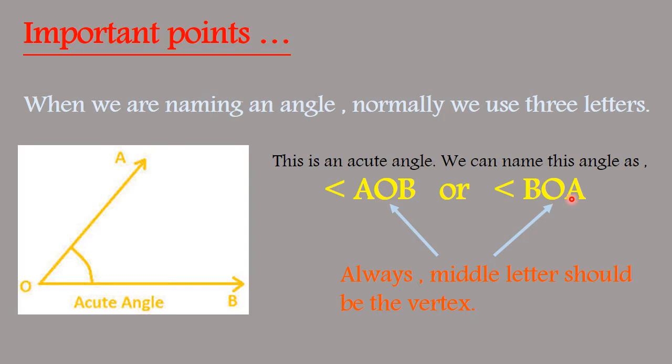Both are correct. But look at these 2 ways. In the first one, AOB, O is in the middle. And in the second one also, BOA, O is in the middle. That means O is the vertex. When we are naming angles, the middle letter should always be the vertex. This connecting point should be the middle letter.